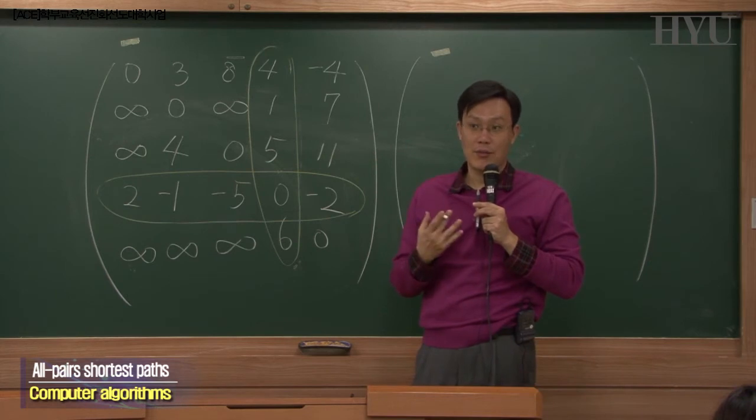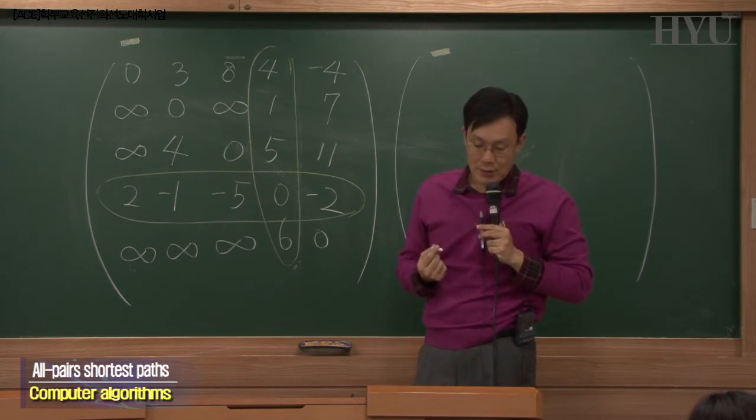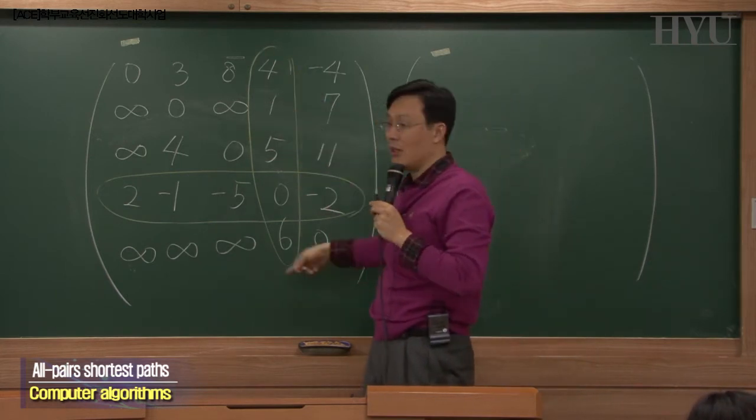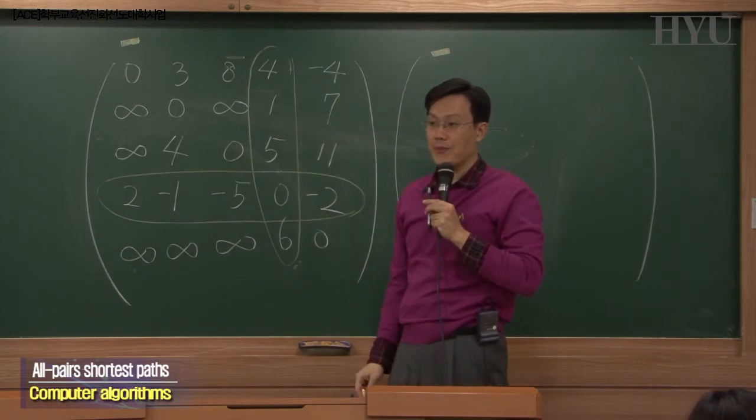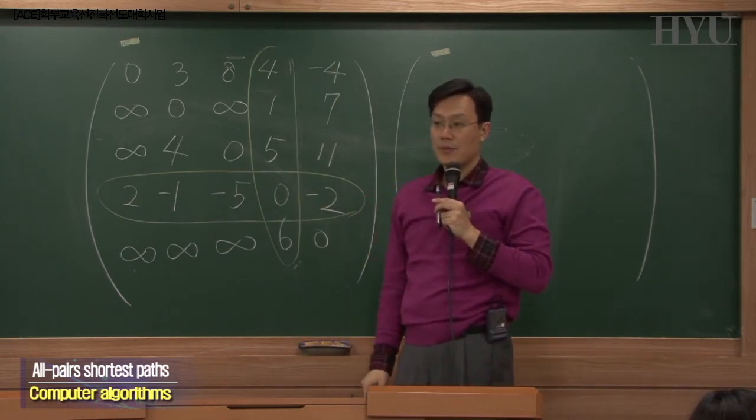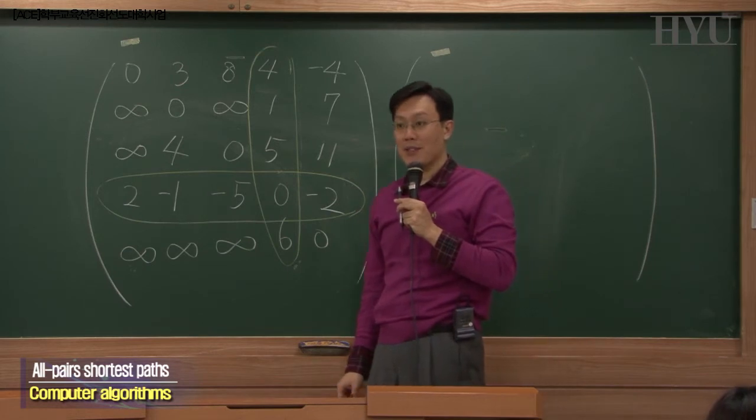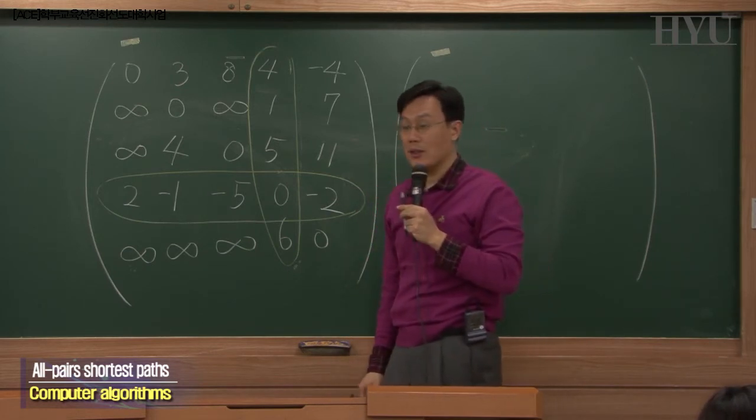What is the meaning of this column? Yes, all shortest path distances to vertex 4.